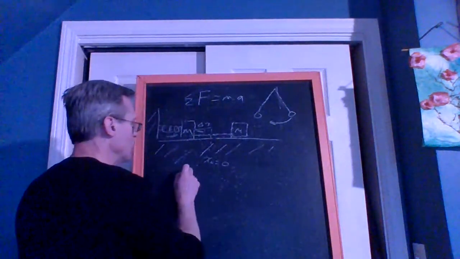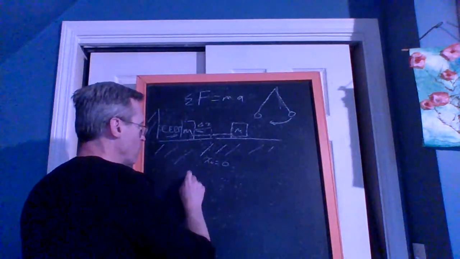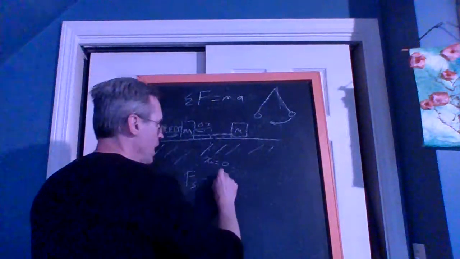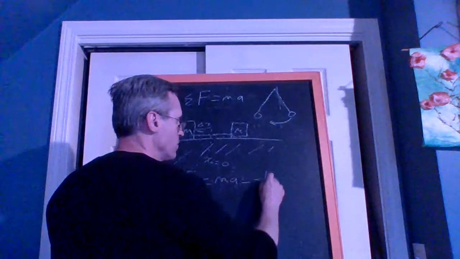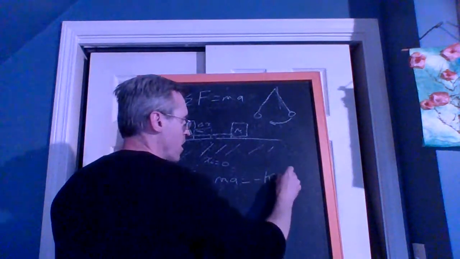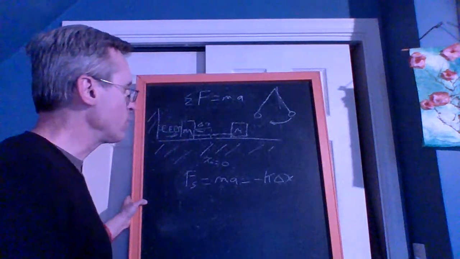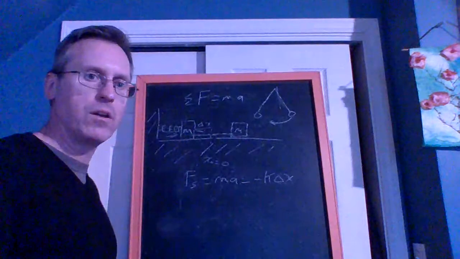Newton says that the net force of the spring, in this case, is equal to ma, and we know that's equal to negative k delta x. So how do we interpret this?